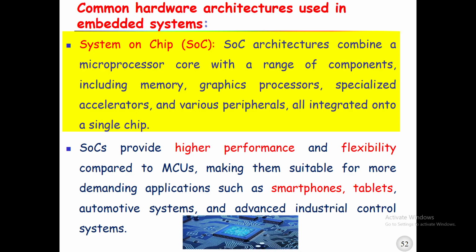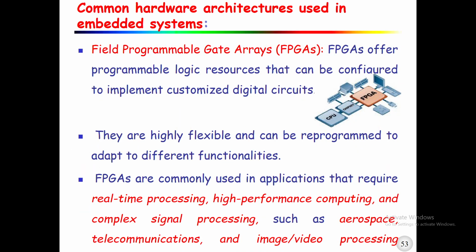They provide high performance and flexibility compared to microcontroller units, making them suitable for more demanding applications such as smartphones, tablets, and automotive systems. Some advanced industrial control systems also utilize these system on chip architectures.